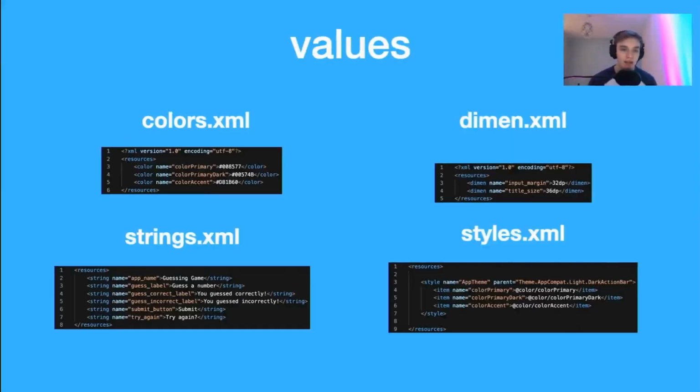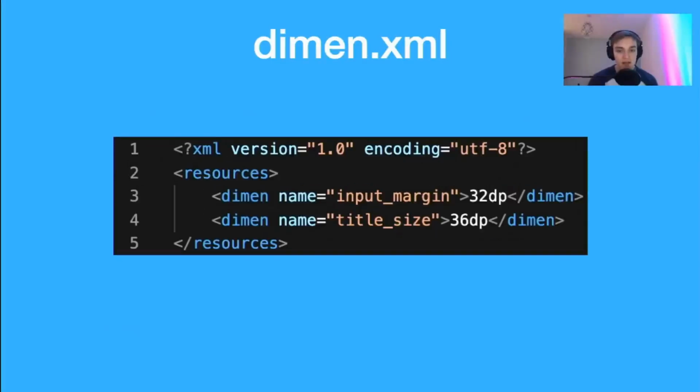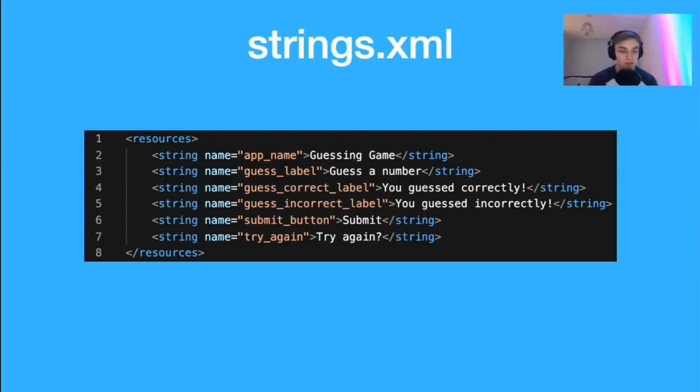And lastly, we have the values folder, which contains all of the other details of our app. This includes the colors.xml, where we define all of the colors in hexadecimal, the dimensions, such as padding, margin, font size, all of the above. We have strings. Inside of here, we can put all the strings so they're easily referenceable.